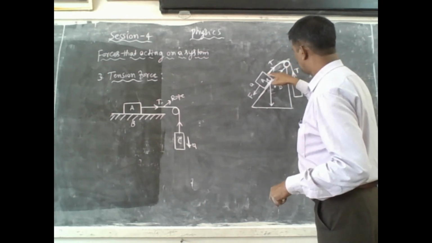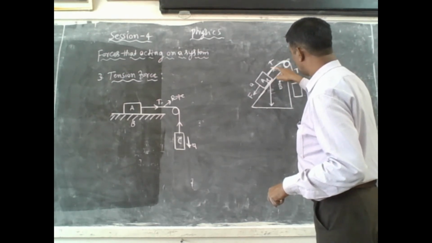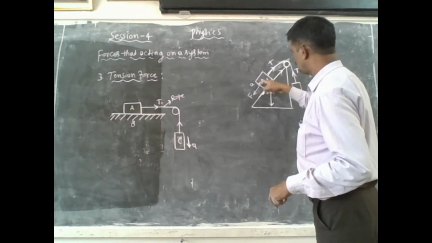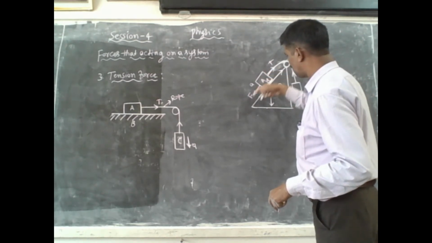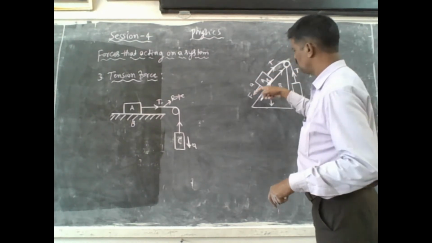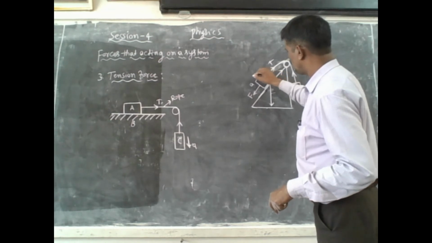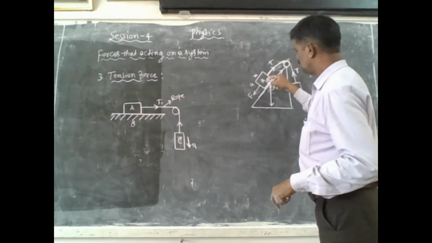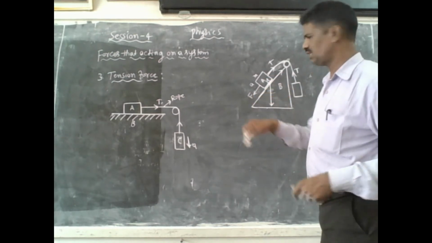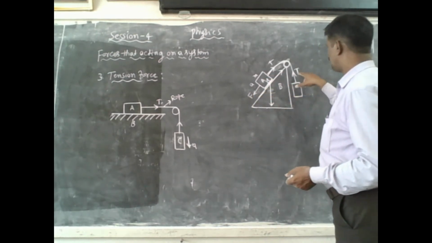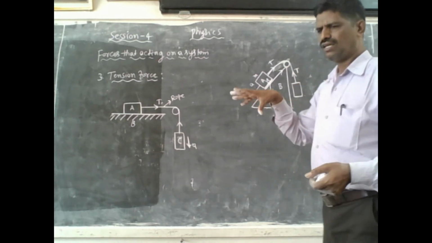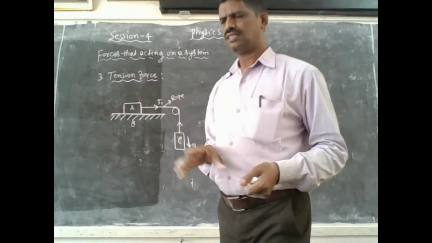That means the tension is away from the body, here also the tension is away from the body. The acceleration of the body is in the downward direction. The body has some mass and the force is directed downward. So the tension develops on both sides of the pulley on an inclined plane.